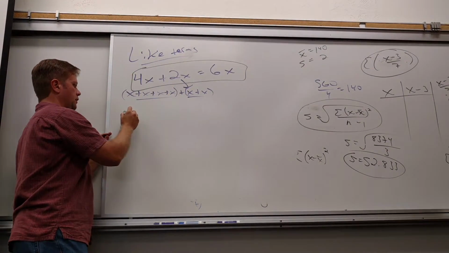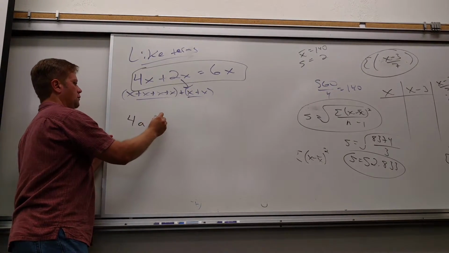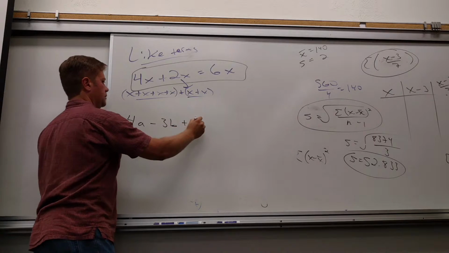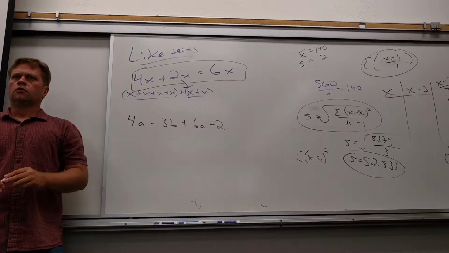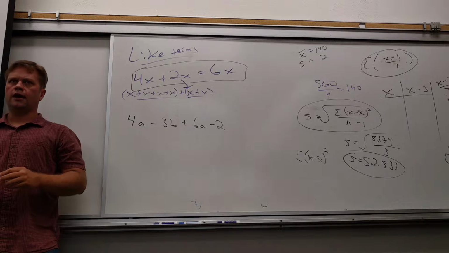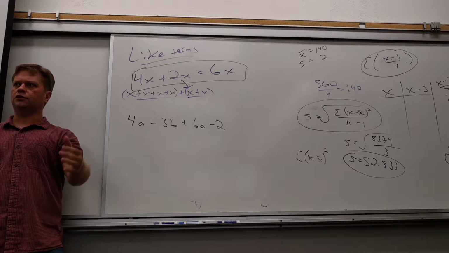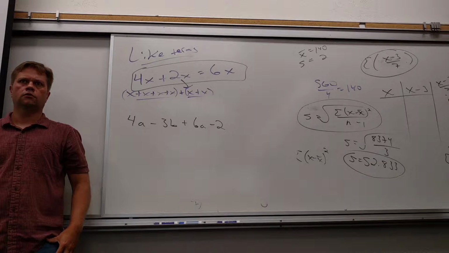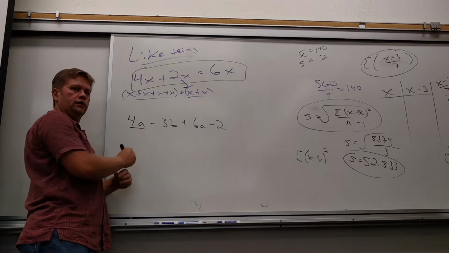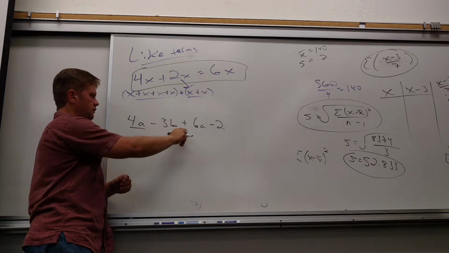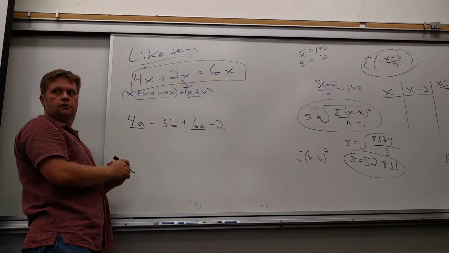So what about this? 4a minus 3b plus 6a minus 2. In that expression, where are my like terms? 10a. Yeah, I've got 4 a's. Do I have any more a's? Yes. How about b's?